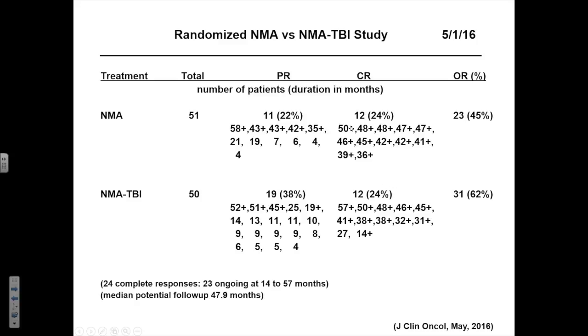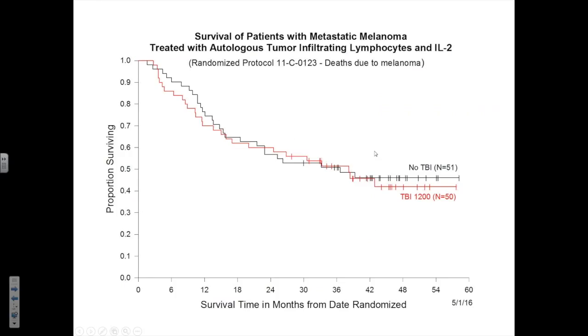But especially notice that of the 24 patients that had complete regression of all of their widely metastatic disease, and these were heavily pretreated patients when they received their own cells selected for anti-tumor activity, only one of these patients has ever recurred, and all of the remaining patients are in ongoing complete regression.